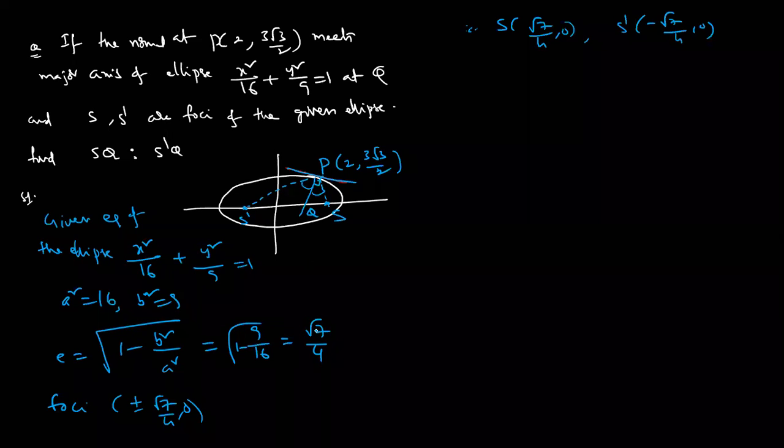Multiply with a, that is 4, so e times a gives root 7 comma 0. Directly I take the root here. Tell me what after that?